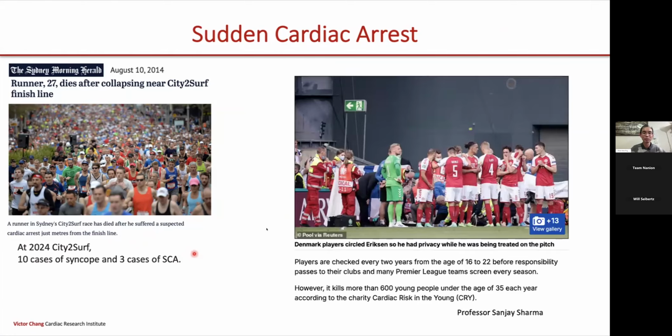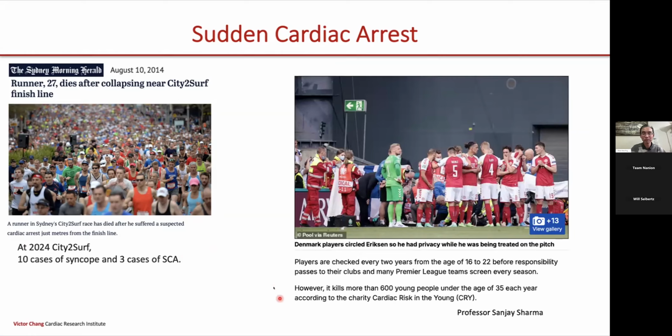I guess this is more prominent when the sports are prominent, and of course you'll get reported more often, as in soccer or football. If players collapse on the field, you will know it the next day or immediately afterwards.